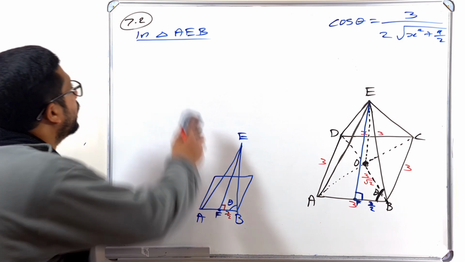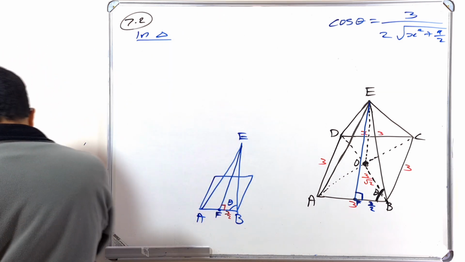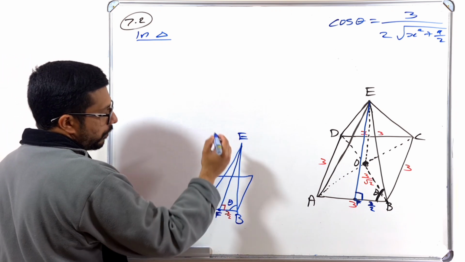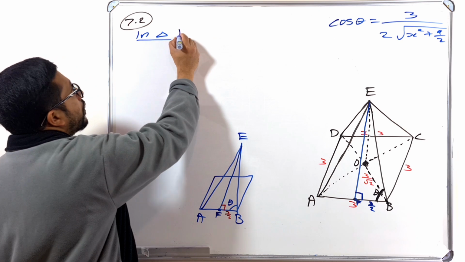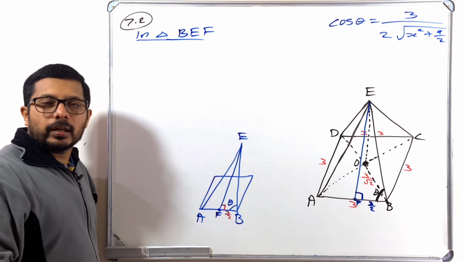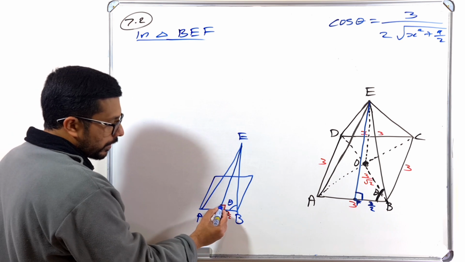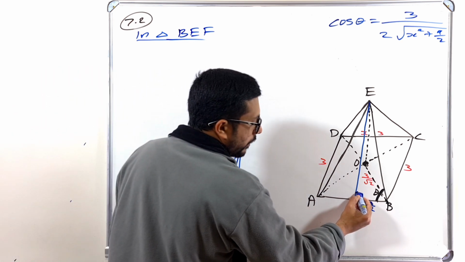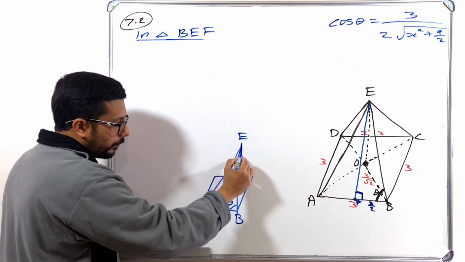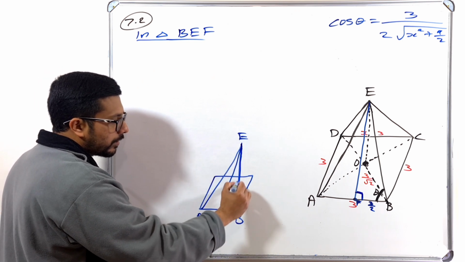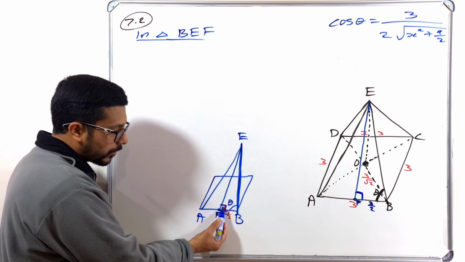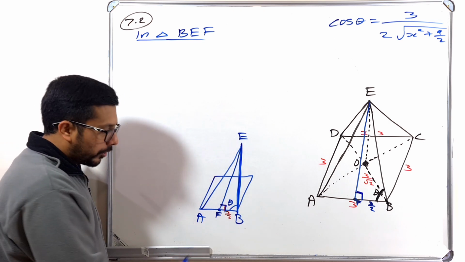If I apply in triangle EBF, or yeah, BEF, in triangle BEF, this angle is 90 degrees. So it means that BE is the hypotenuse. Am I right? Because opposite of 90 degrees is the hypotenuse.